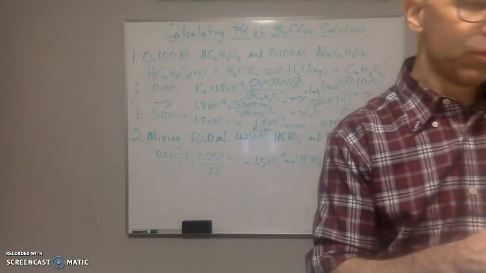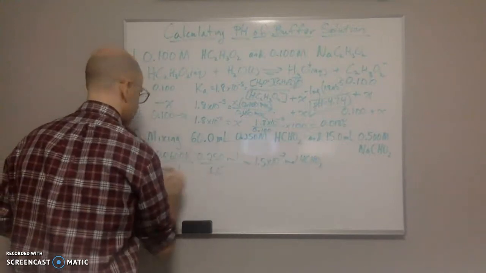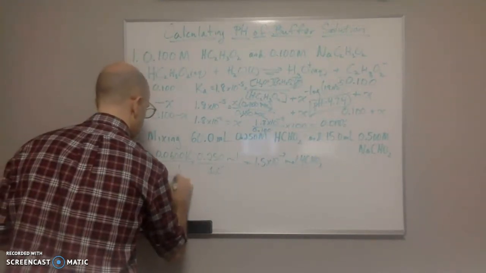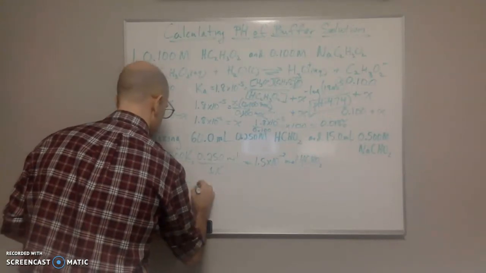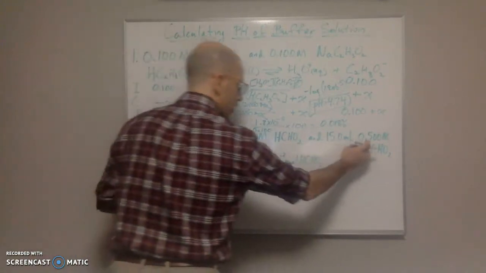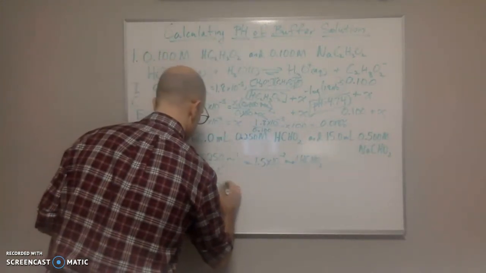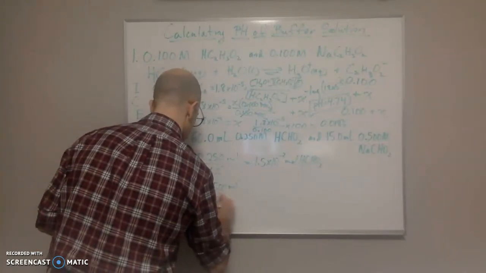And then we do the same thing. So we've got 15 mils, that's going to be 0.015 liters. And then they gave us 0.500 moles over 1 liter.